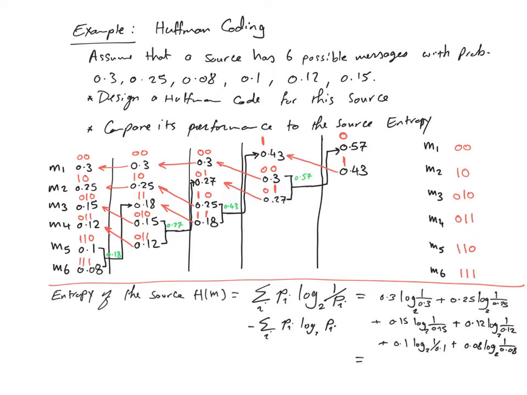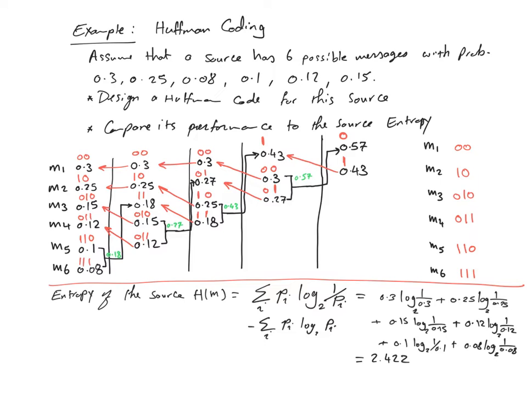The entire thing? Approximately 2.42. I think it's 2.422, yes. Right? Okay. So that's basically the entropy of this source.